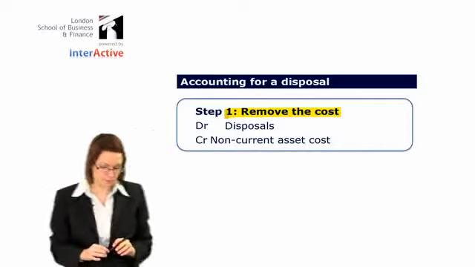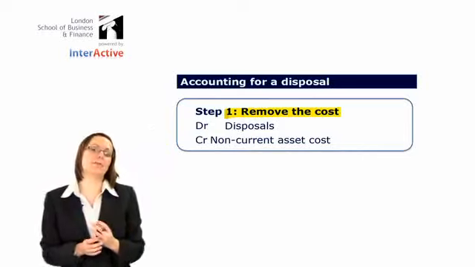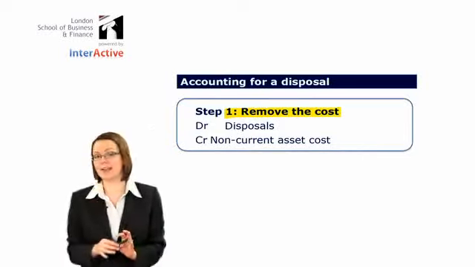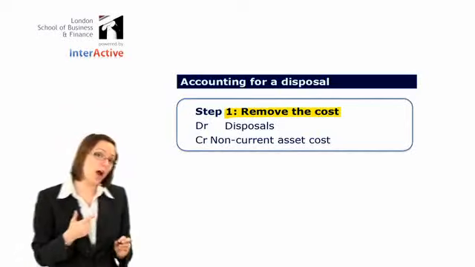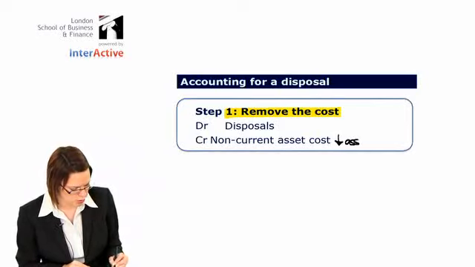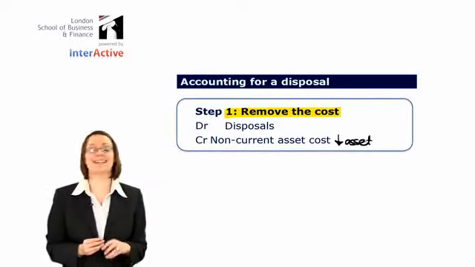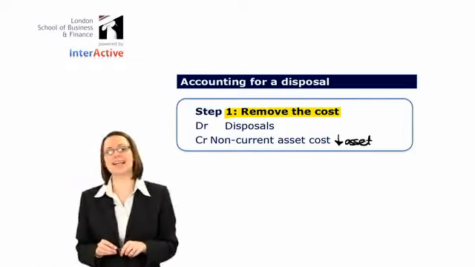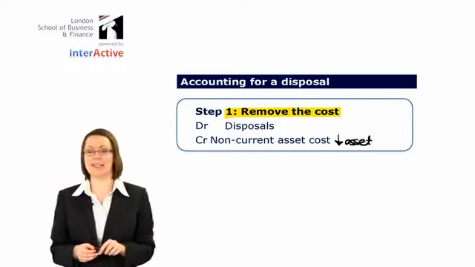Which means then that we need to remove that debit balance and reduce that asset cost through a credit entry. So I'm going to credit the non-current asset cost account to reduce the value of my asset down and essentially eliminate that debit balance for the asset that no longer exists in the business.